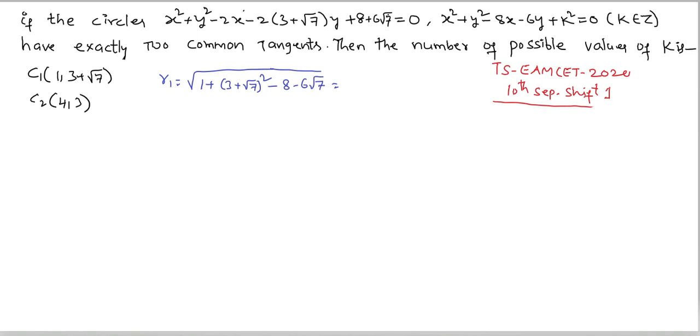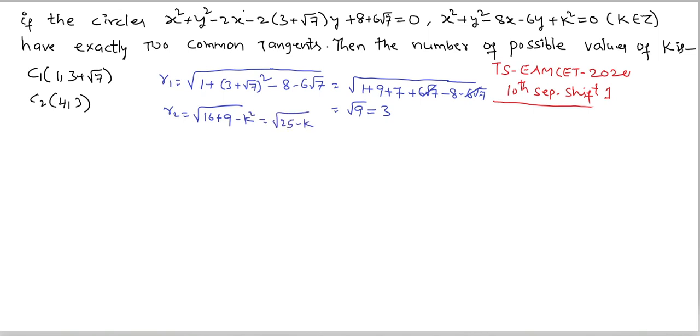So that is equal to the root of 1 plus 9 plus 7 plus 6 root 7 minus 8 minus 6 root 7. Here 6 root 7 cancel, 9 plus 1 is 10, 10 plus 7 is 17, 17 minus 8 is root 9, root 9 is equal to 3. The radius of the first circle is 3 and the radius of the second circle R2 is equal to under root of 16 plus 9 minus k square, equal to under root of 25 minus k square.